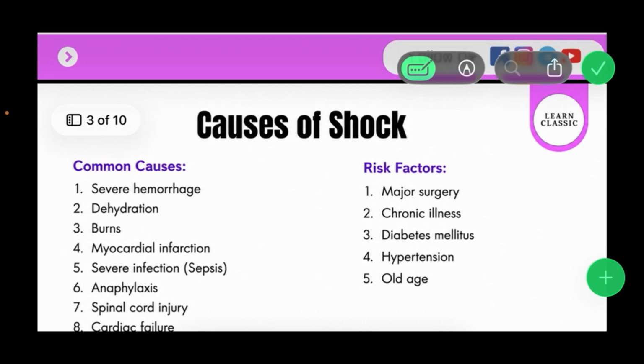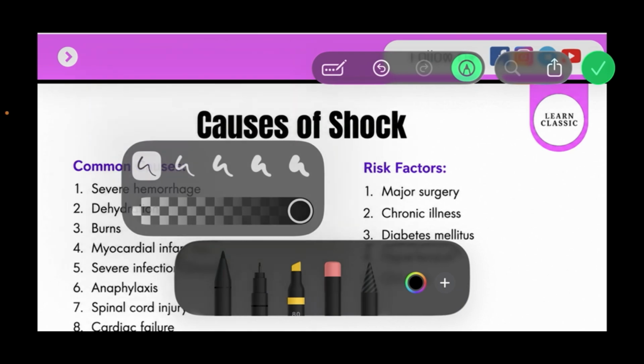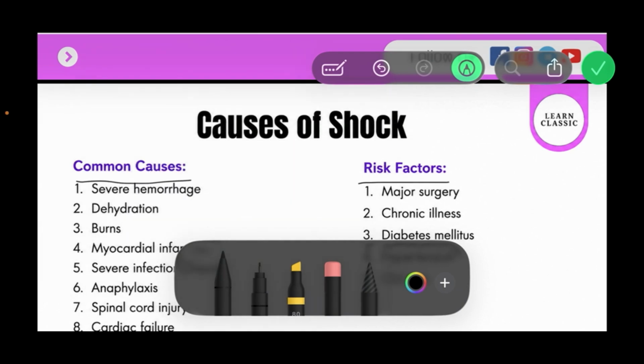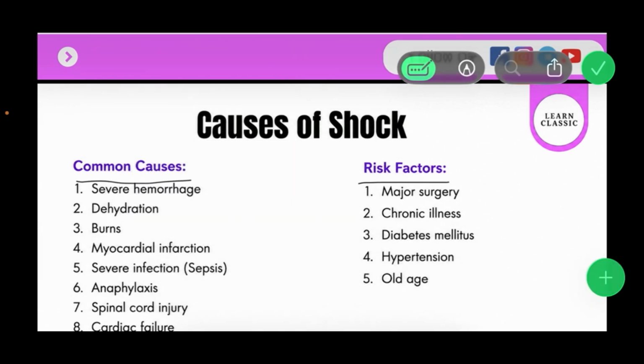Okay. Now coming to the causes of shock. There is a major difference between causes and risk factors. So what do causes mean and what do risk factors mean? Causes can directly lead to the disease, whereas risk factors only make a person more vulnerable to the disease.